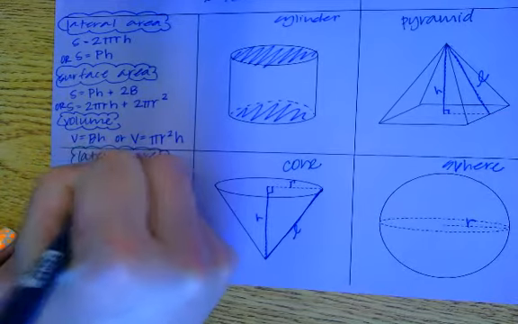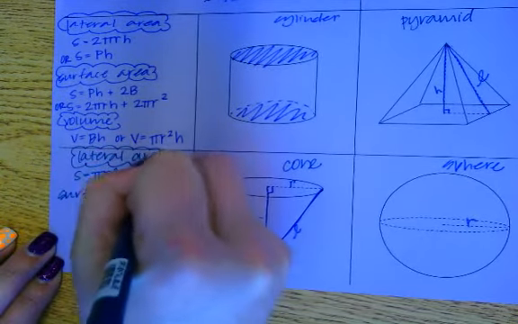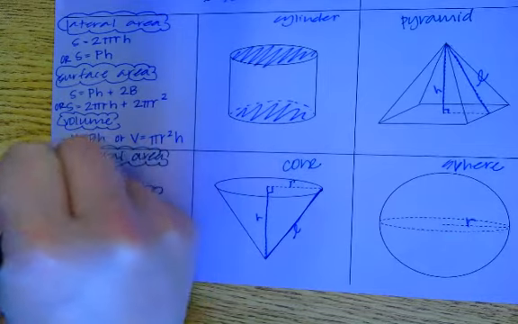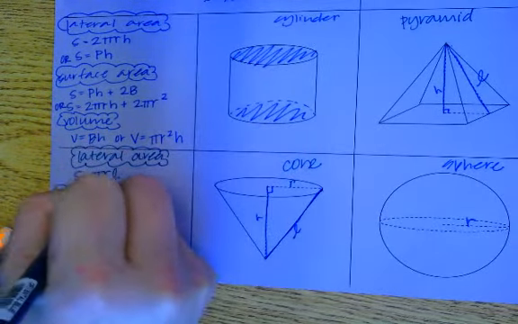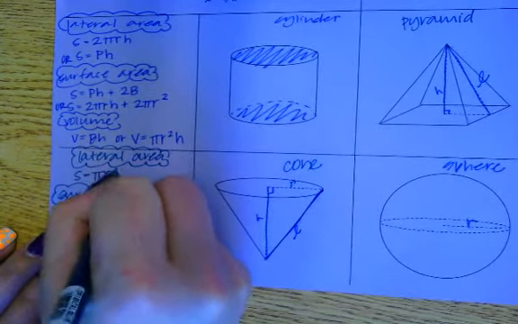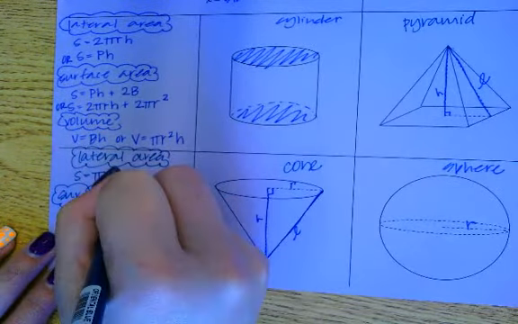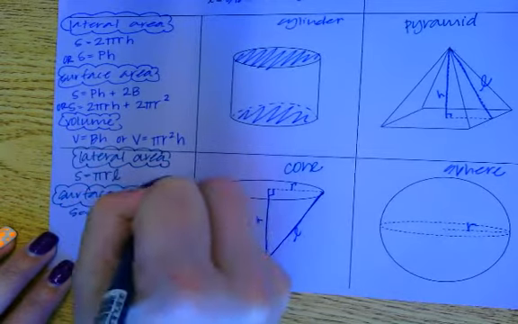Our surface area, we're going to add our base, so you have pi r slant height plus pi r squared.